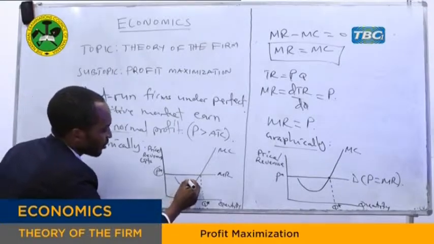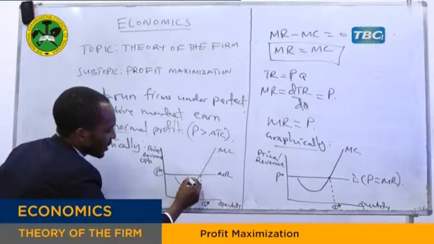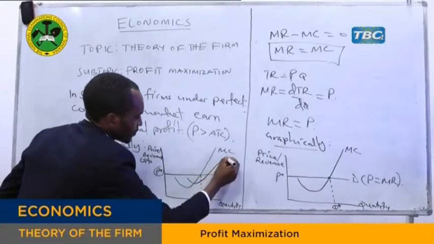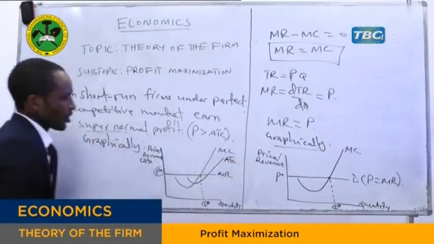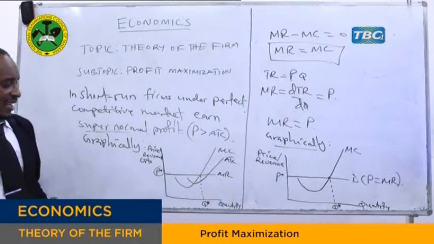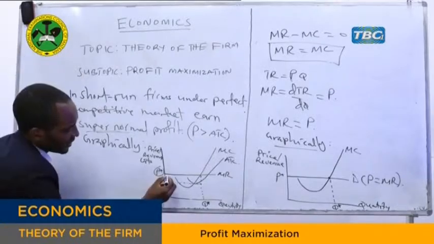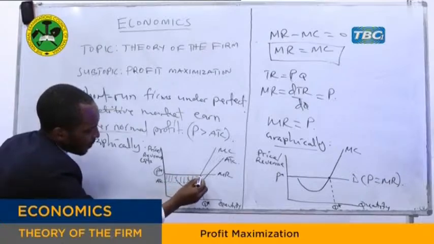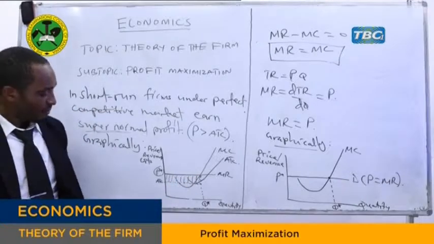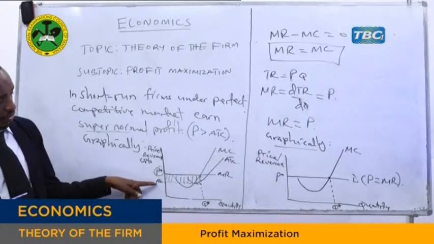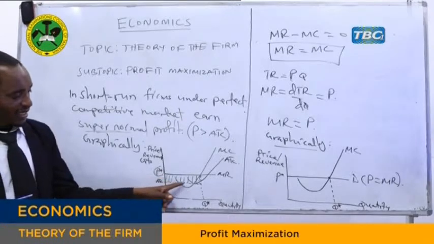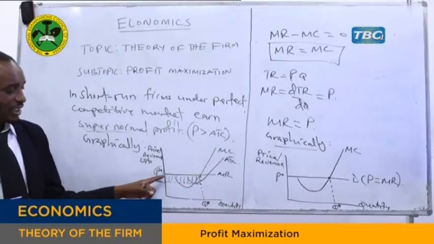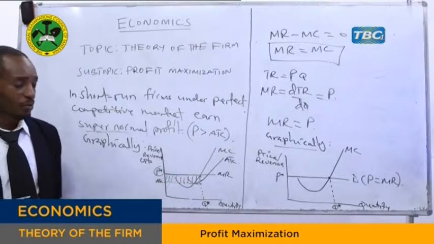Let's assume the average cost is this one. So this will be the average total cost. When the price is greater and the cost is below, this area we call profit. So since the price is greater than the average total cost, this area is the supernormal profit.